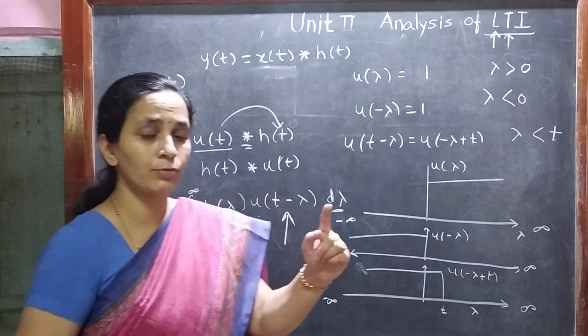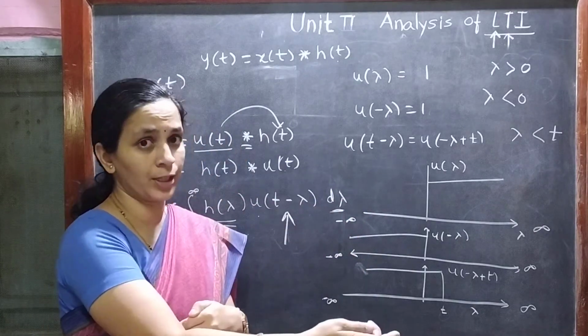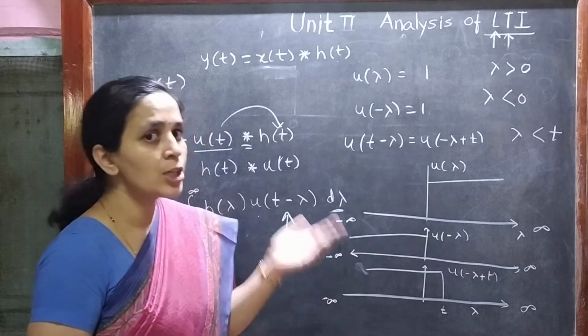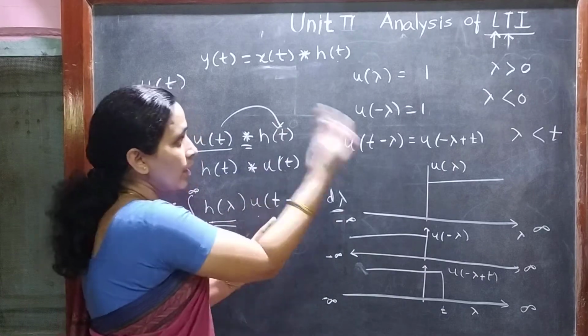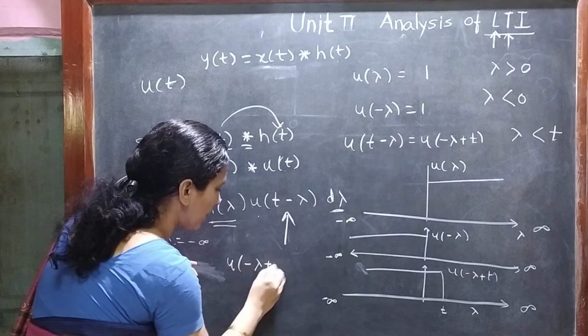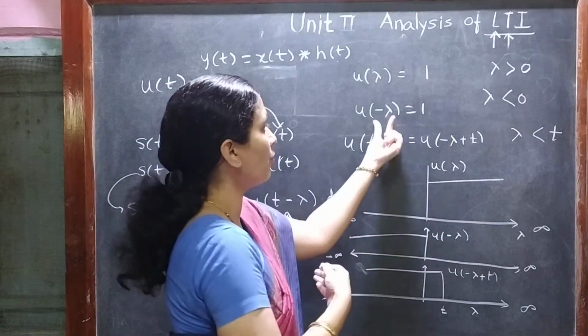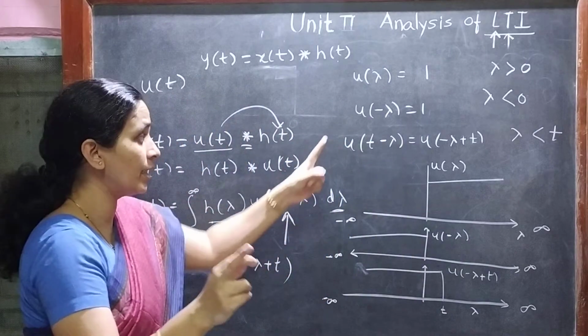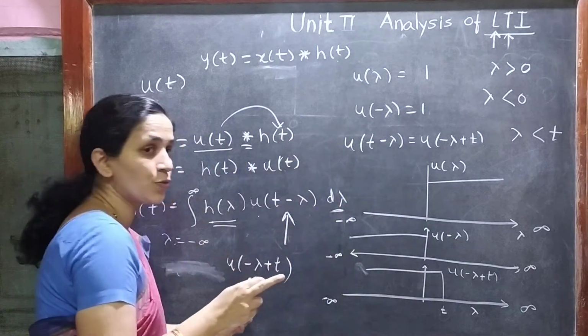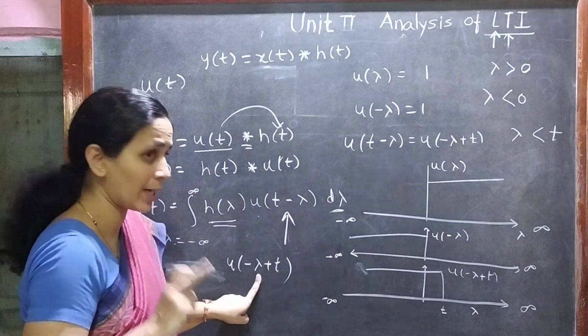We know that in convolution, this particular signal is first folded and then shifted, right? So first of all, let me find out u of minus lambda, to make the idea very clear that it is first folded and then shifted. Hence I have written this equation in this manner, u of minus lambda plus t.